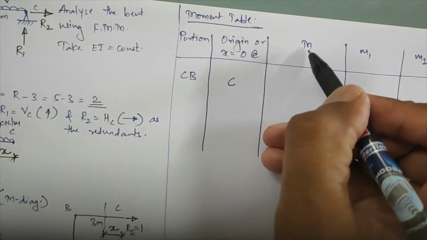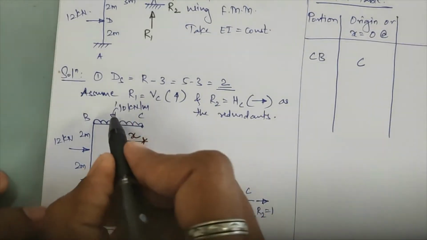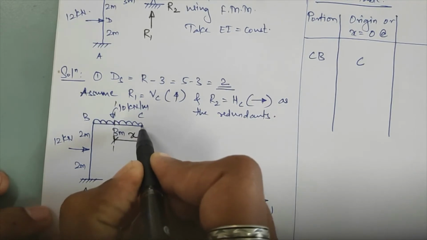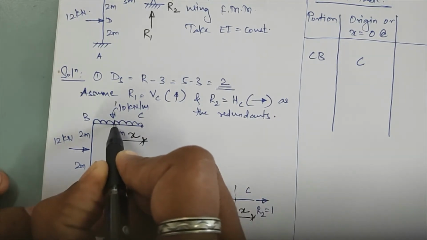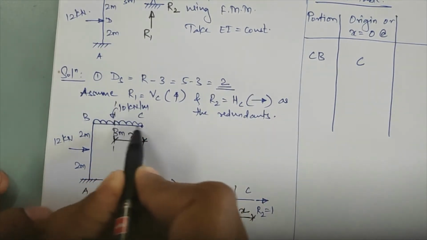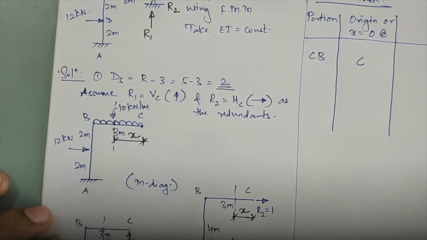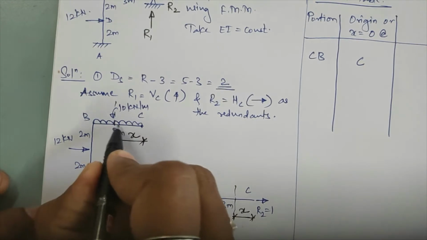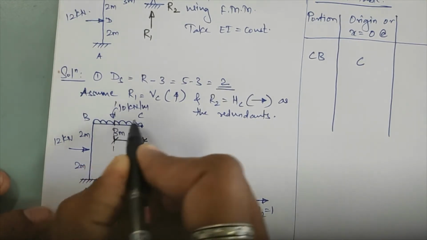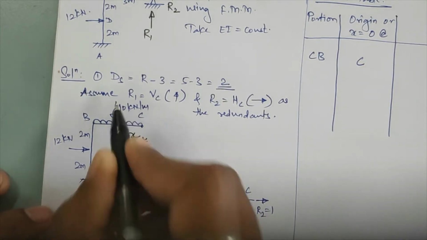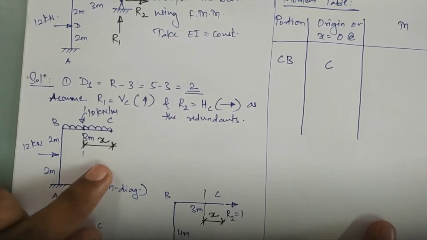Okay, now we'll calculate the moment values, first for the capital M diagram. If you see from the origin point to this cut section, you have this UDL. So the moment of this UDL will occur around this section. The moment of this UDL around this section is the intensity of the UDL multiplied by its acting length x.